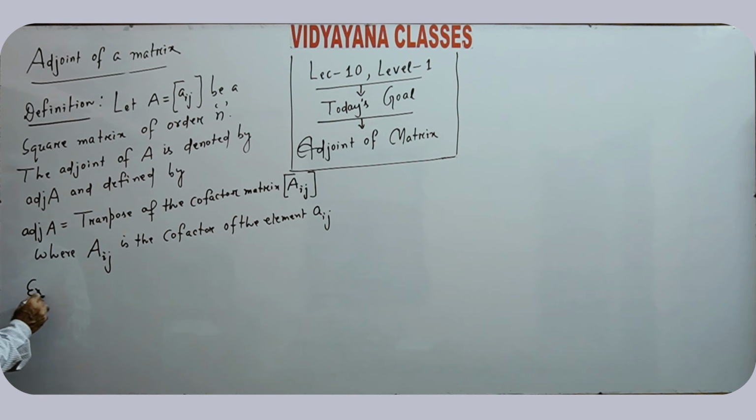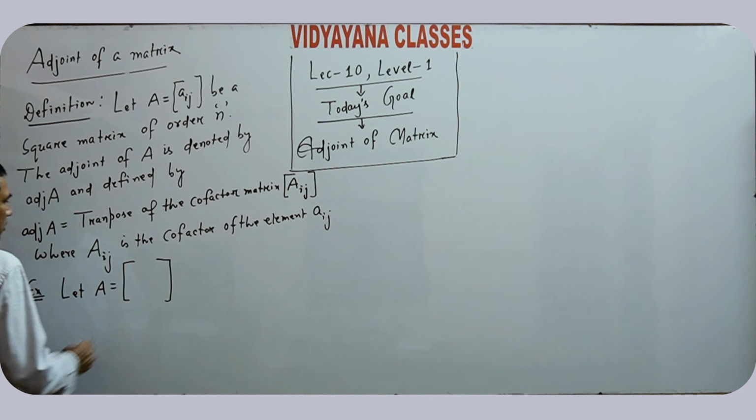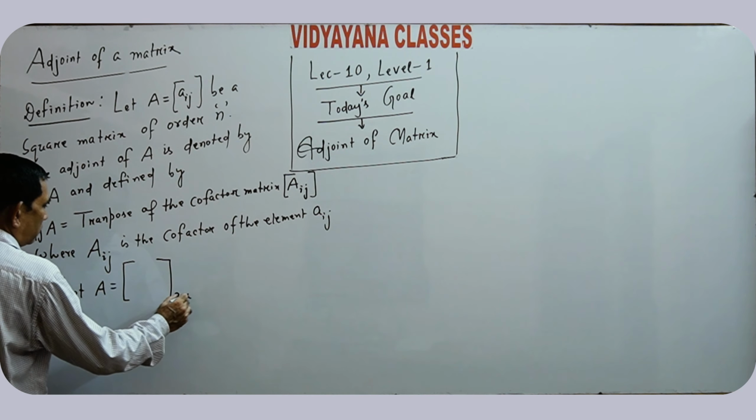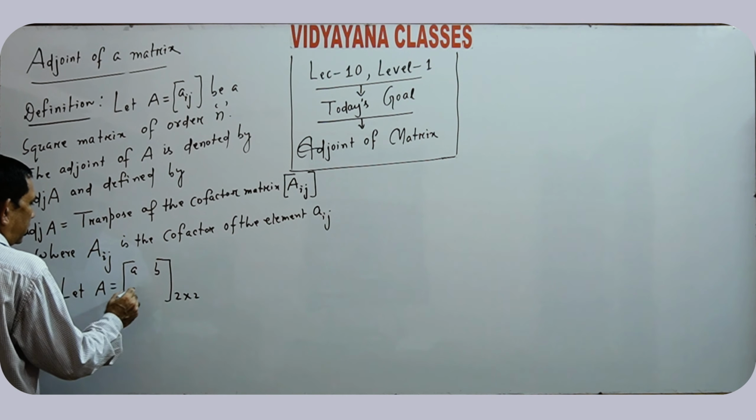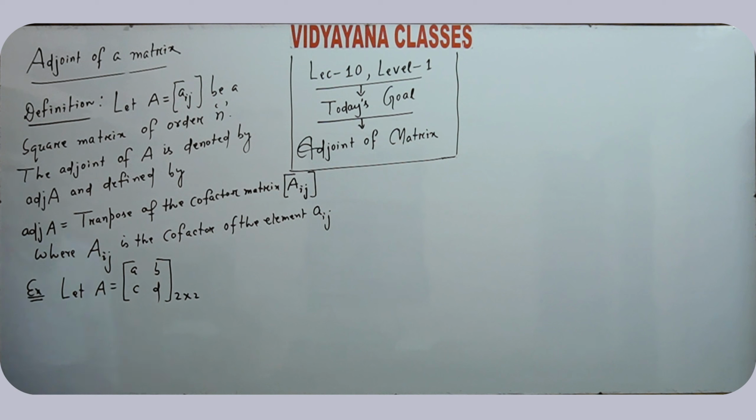Example, let capital A be a square matrix of order 2 having elements a, b, c, d.